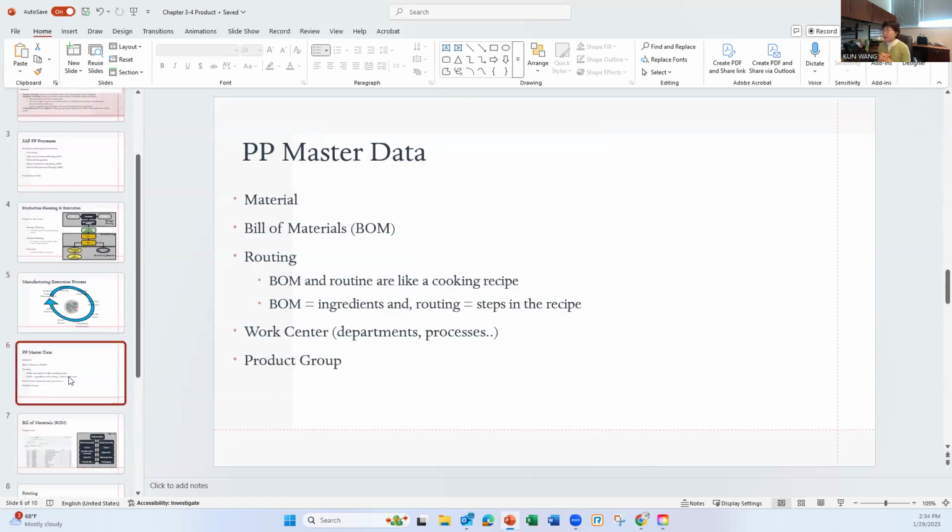The master data, we're looking at database management. What type of master data? The general master data we must capture in the production process. We will have lots of different types of materials, right? Like hundreds, thousands.